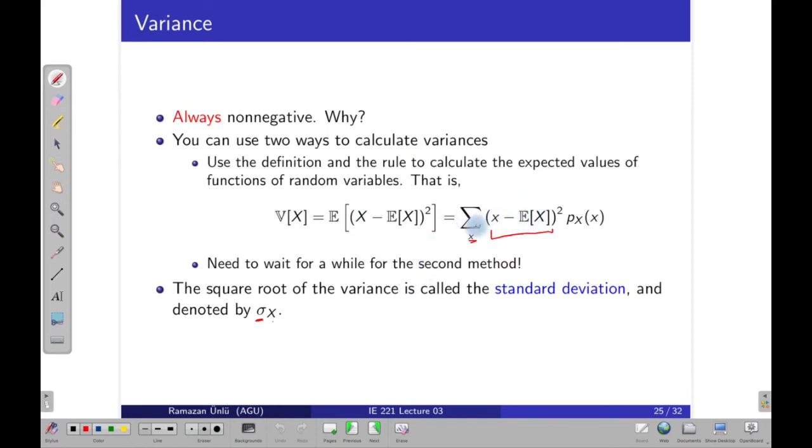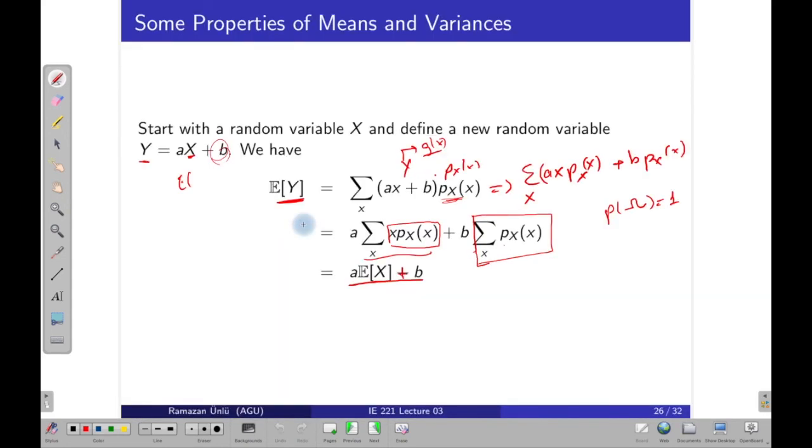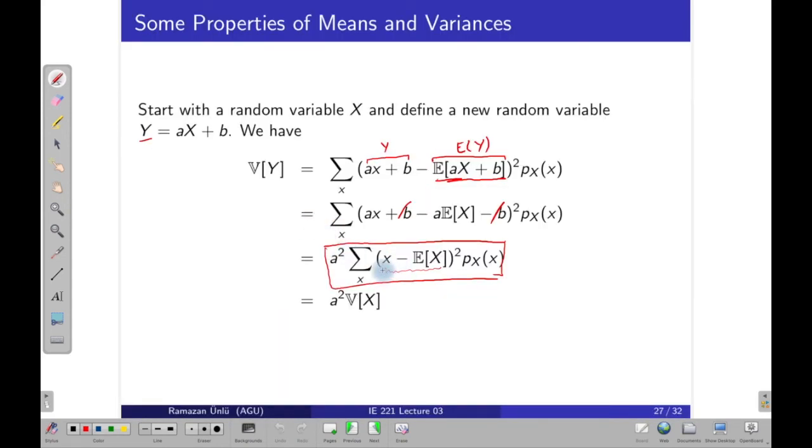What was that? That is the variance of x. So this part is actually the variance of x. So the variance of y is actually a squared times the variance of x.